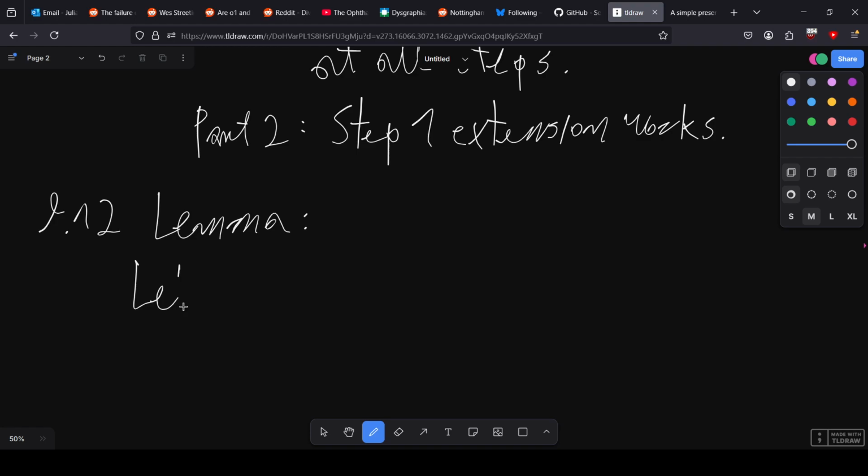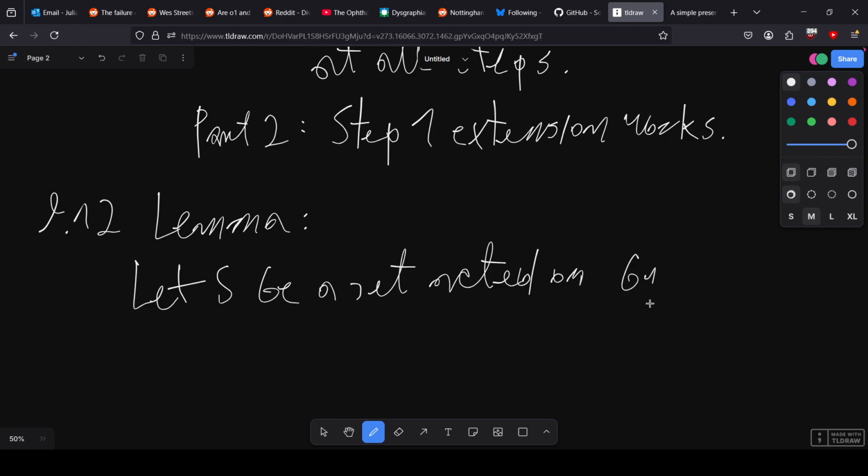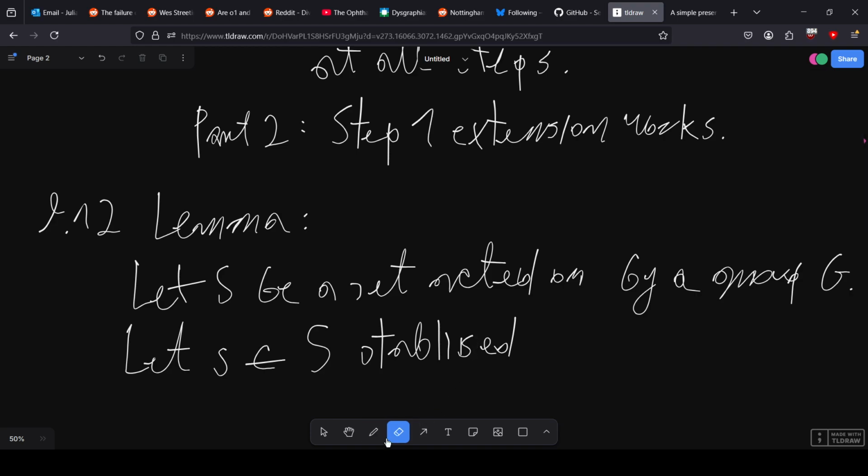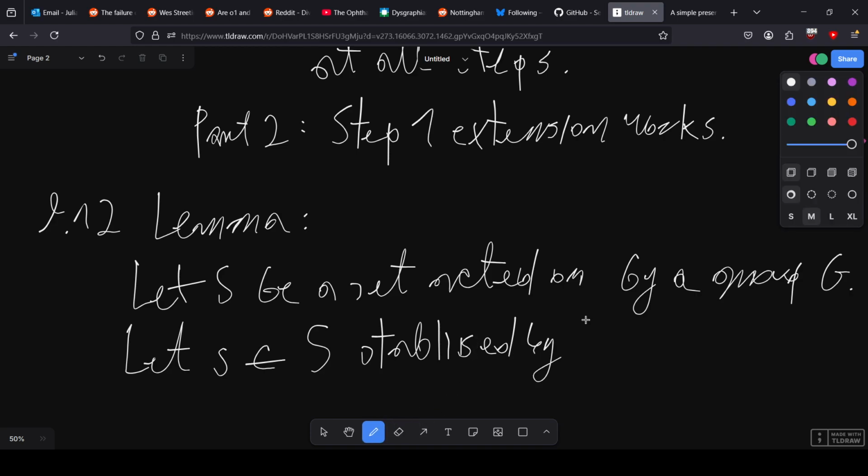So, we let S be a set acted on by a group G. We let s be an element of the set big S, stabilized by a subgroup of G called H.